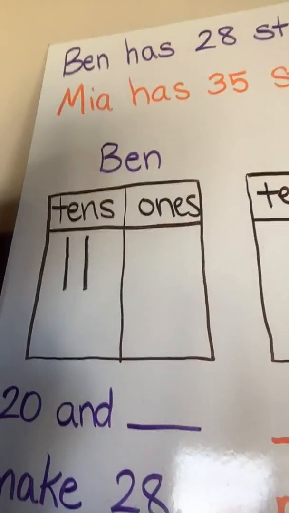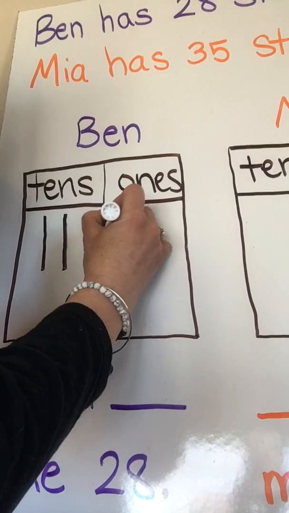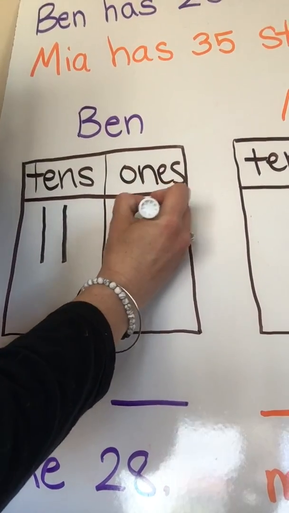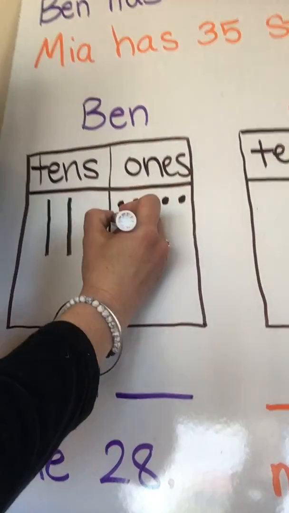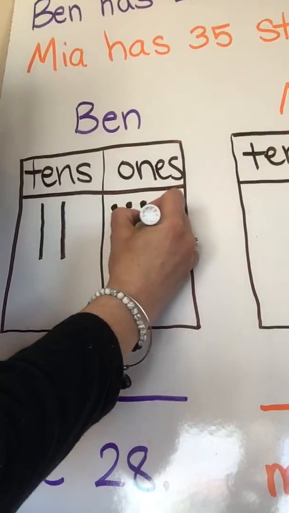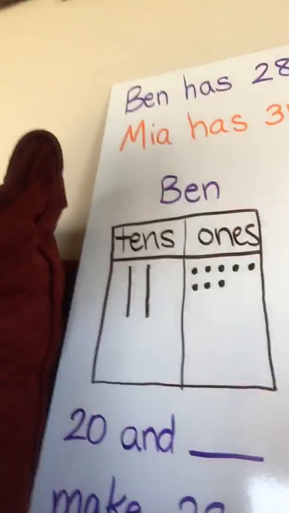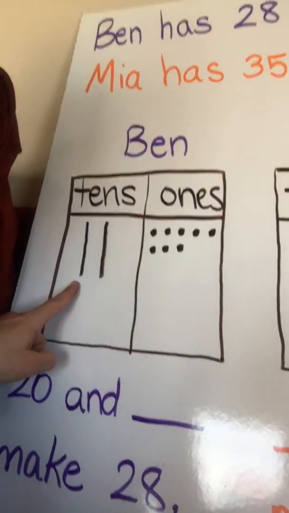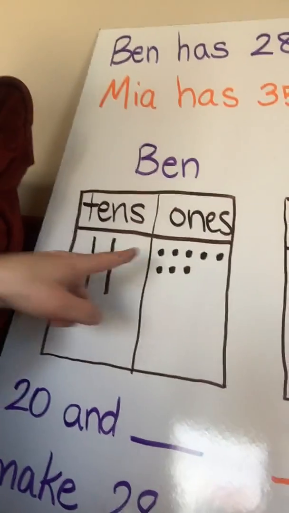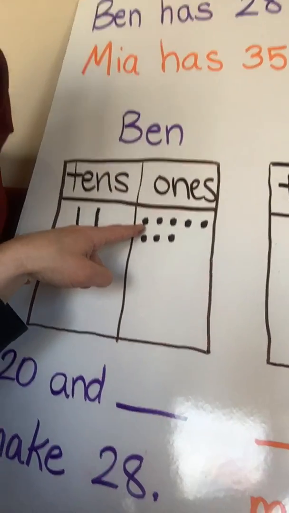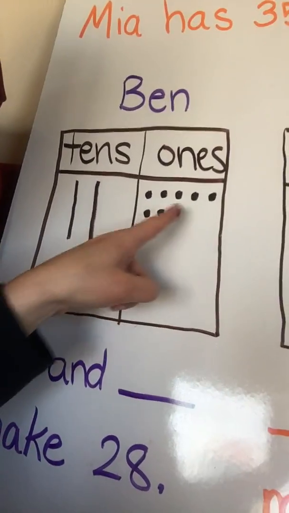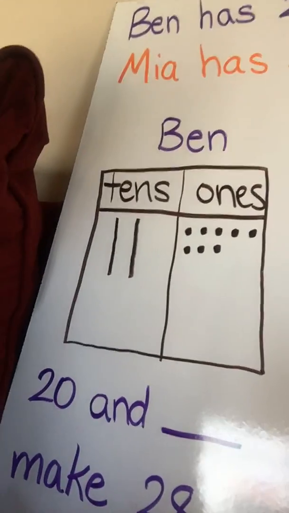Then I'm going to continue and draw my ones. Okay, notice that I drew my tens approximately the same size and my ones a little bit apart from each other but in straight rows so that it's easier to count.